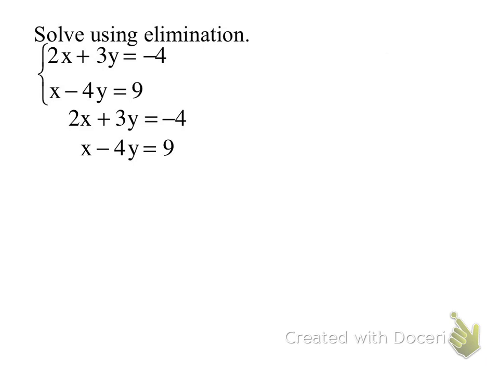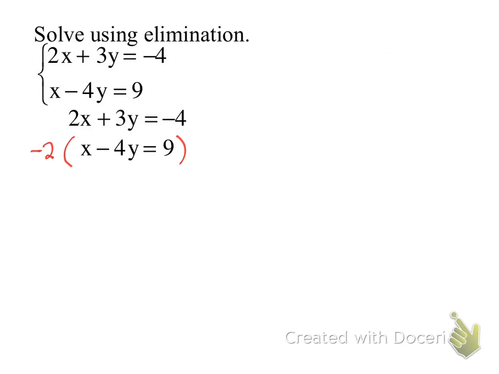How about if I manipulate the bottom one? What can I multiply it by so that I can have an additive inverse? Oliver, you can multiply it by -2. -2. I need not only a 2, but I need the opposite sign.